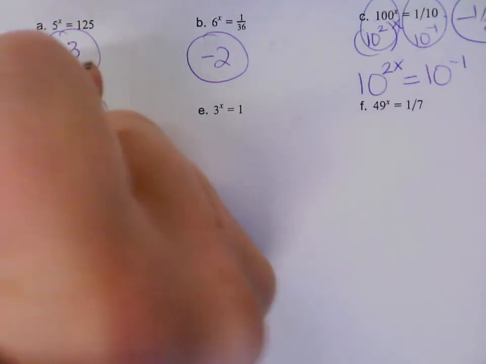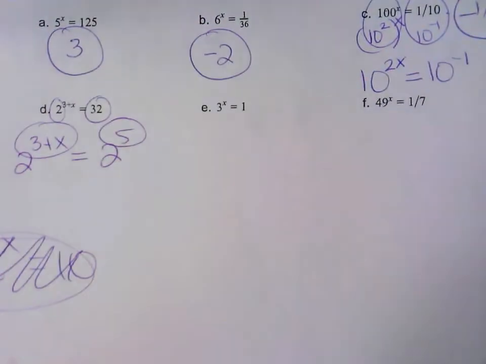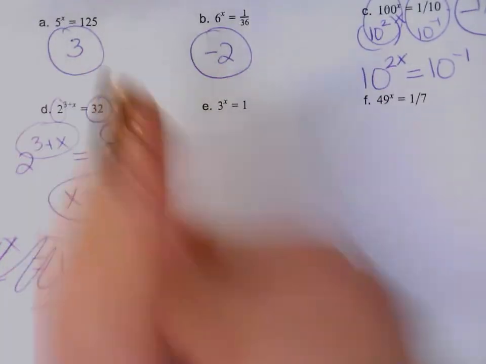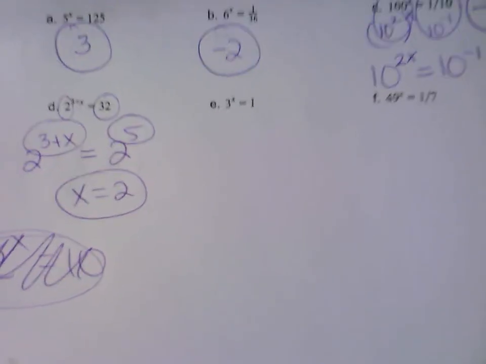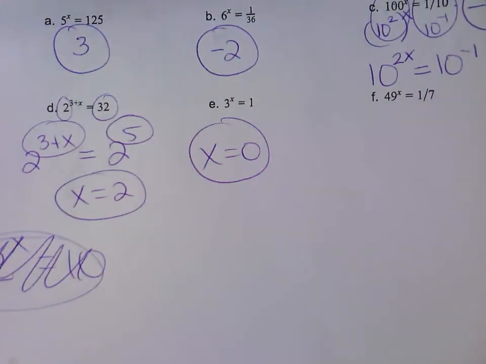So if you have 2 to the 3 plus x equals 2 to the 5th, what does x have to be to make it true? x has to be 2 to make this statement true. And then anything to the 0 power is 1, right? So x has to be 0. Does that make sense on that one? Anything to the 0 power will get you 1.